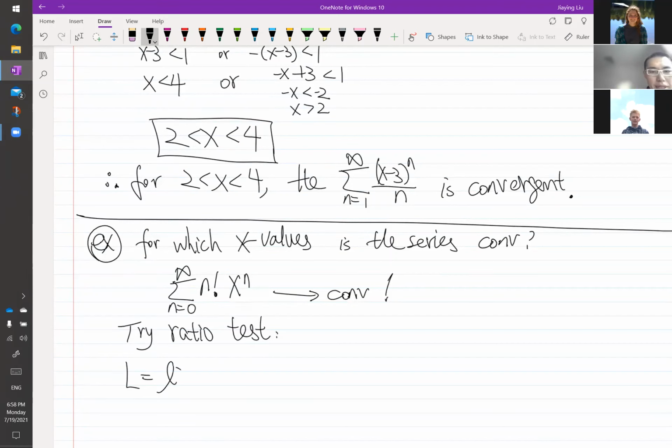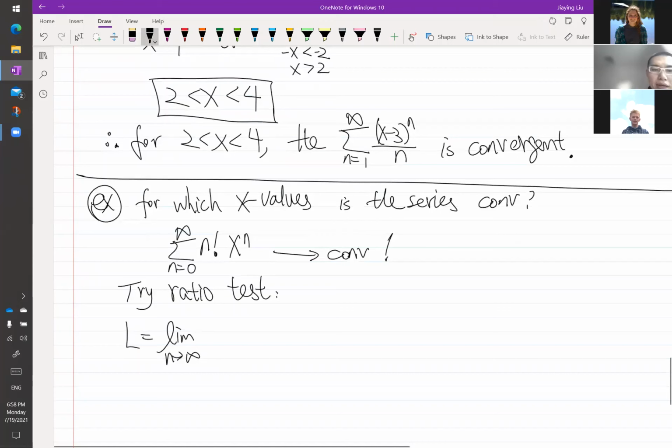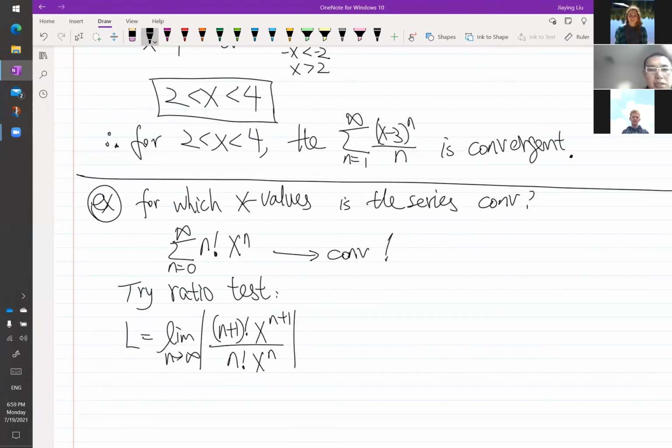So I'm going to let L equal the limit as n goes to infinity of the absolute value of a_(n+1) divided by a_n, so that's (n+1) factorial times x to the n+1, divided by n factorial times x to the n.